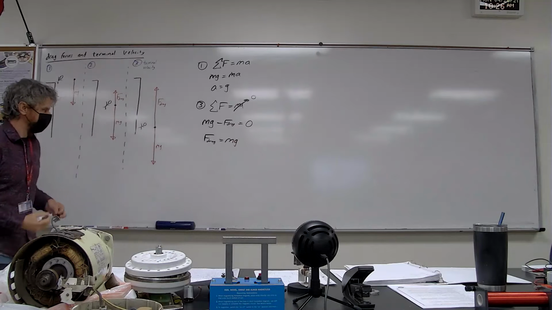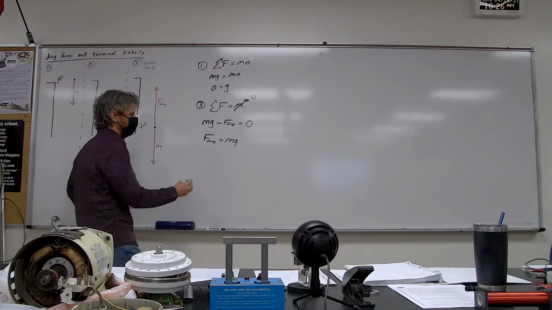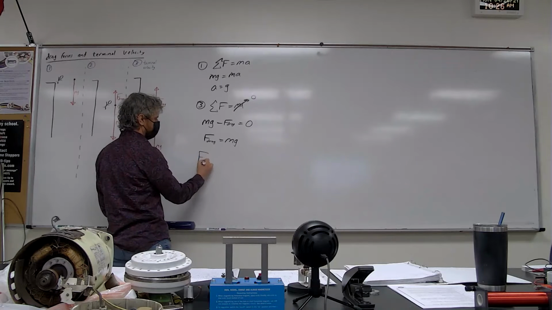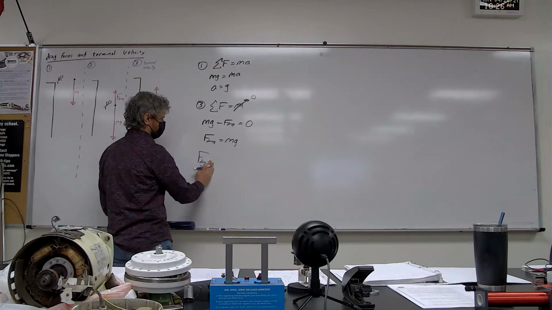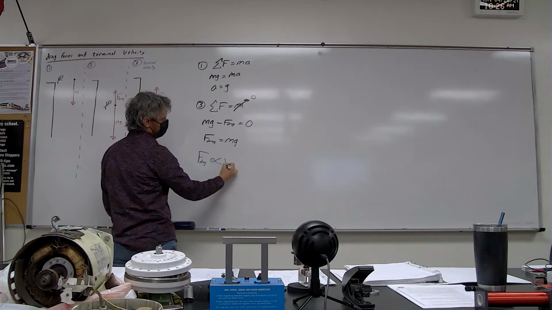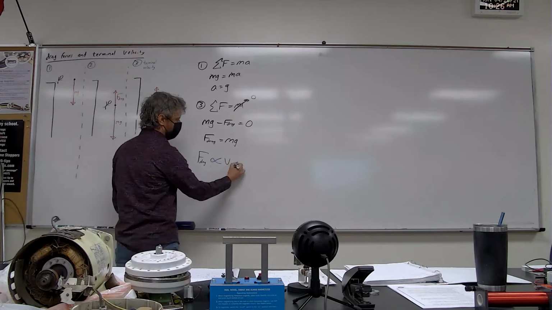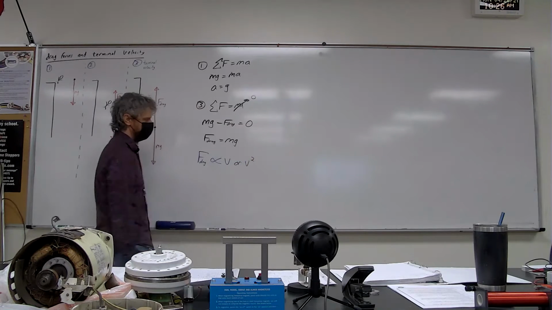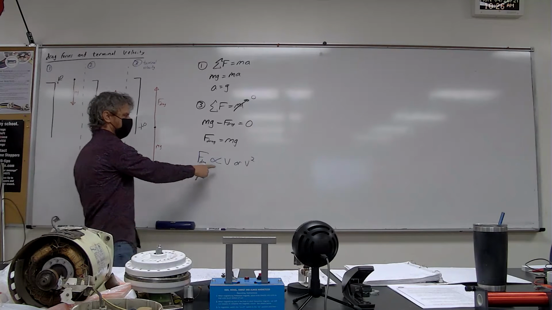As a small aside, I'll come back and talk about this a little more in a minute. The drag force is either proportional to the speed of the object in question or the square of the speed. In certain cases, it simplifies to be directly proportional to the speed.